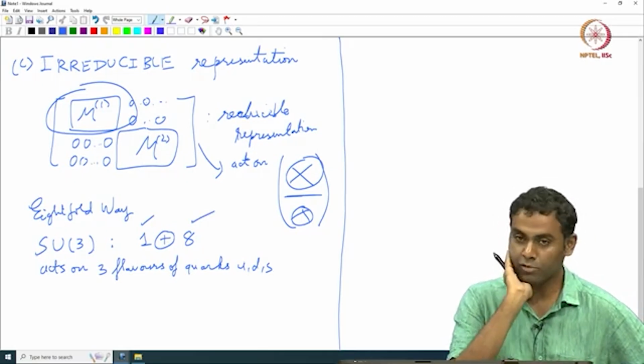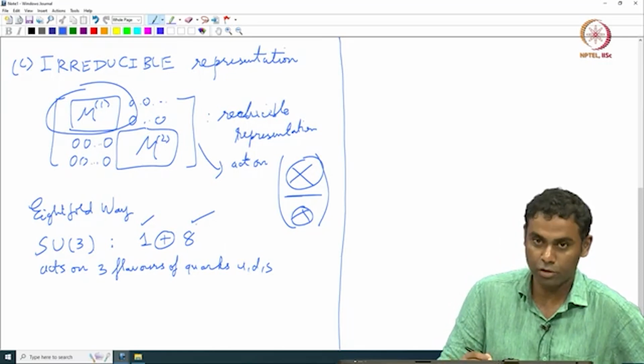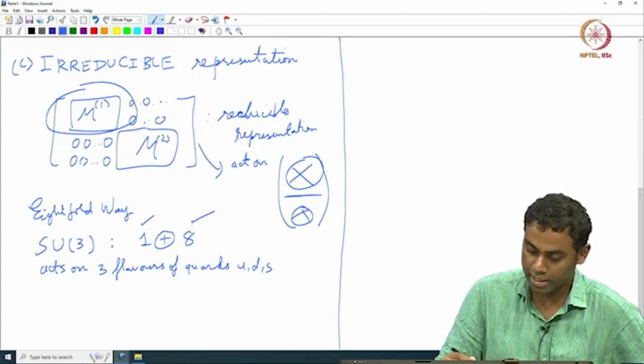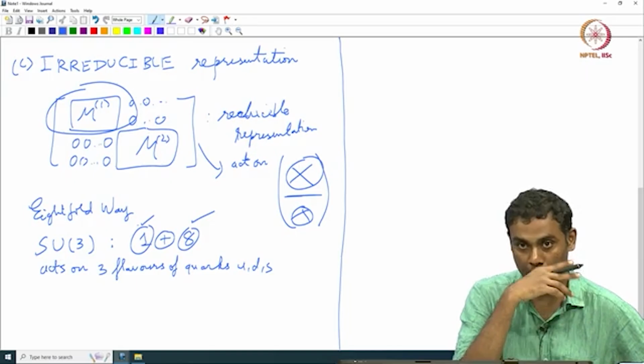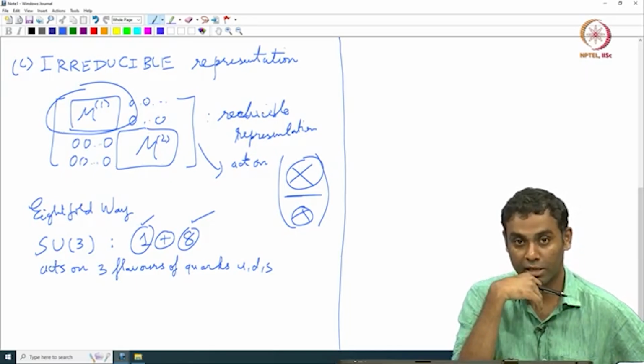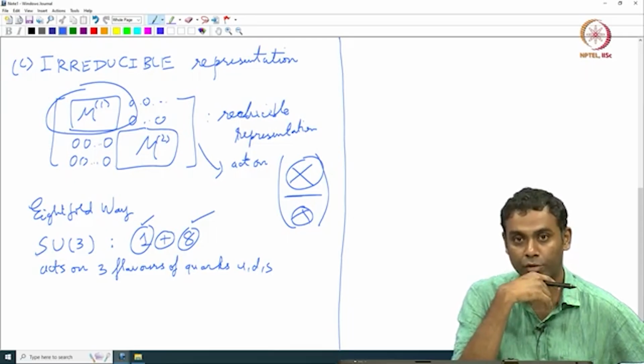So, that is the reason why you had a meson octet, although it was an SU3 there are 3 flavors, you had an octet and then you also had a singlet. If you go back and look at the octet diagram, you will see there is also a singlet sitting around there, right. That comes basically from group theory. It comes from taking group and breaking it down into their irreducible representations.